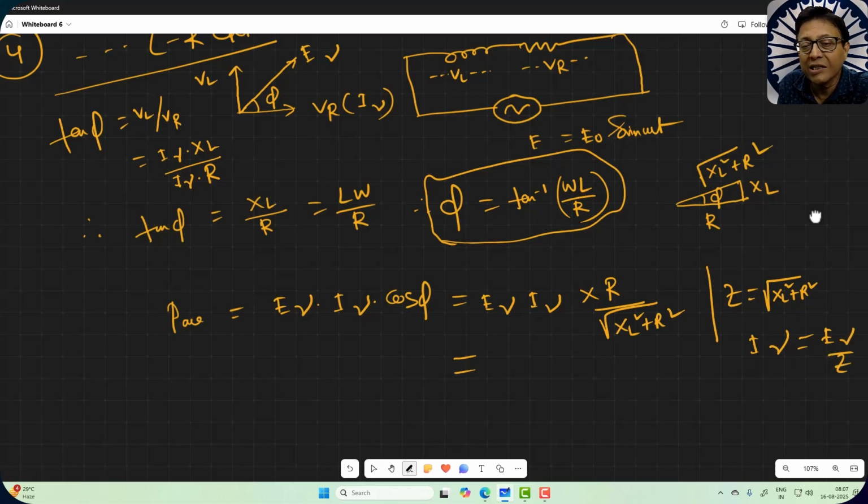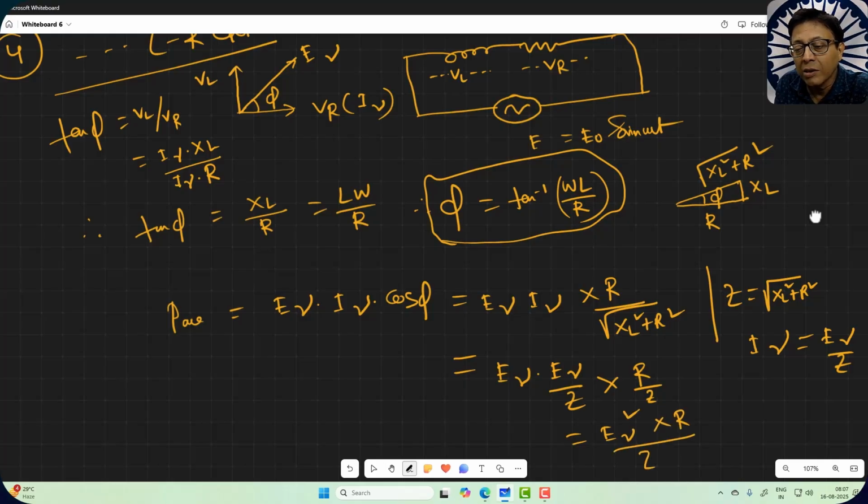E_rms by Z. So E_rms by Z, and this is also Z. So there it will be E_rms square R divided by Z square.